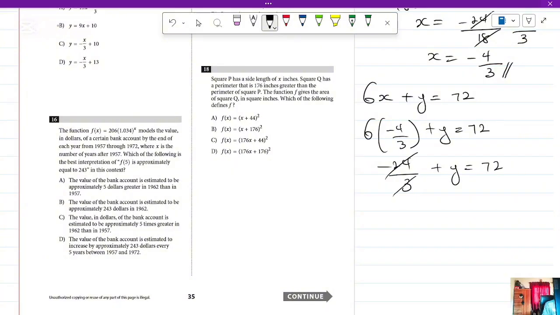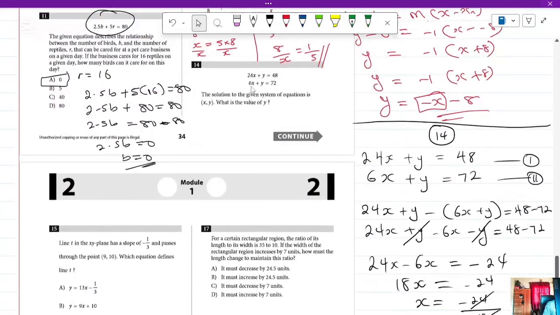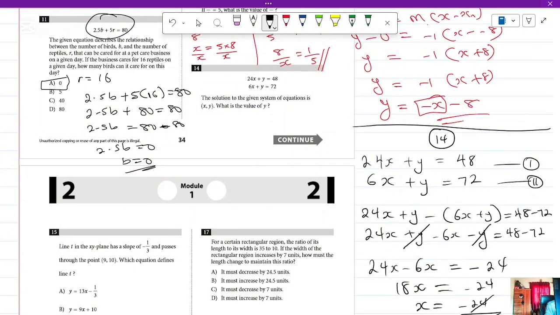So that will be minus 8 plus y equal to 72. So your y is going to be 72 plus 8, and then y is going to be what? 80. So that is how to solve that question. The value of y here is 80.